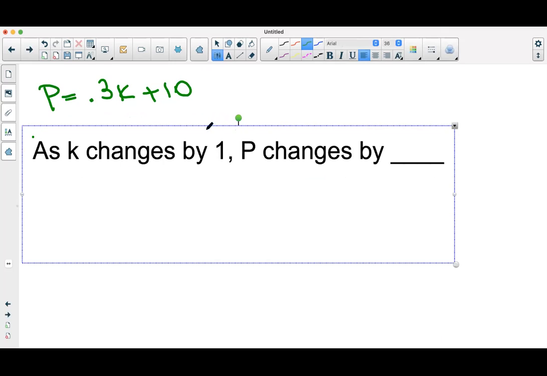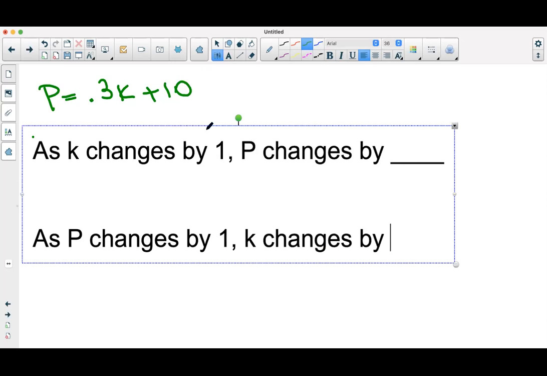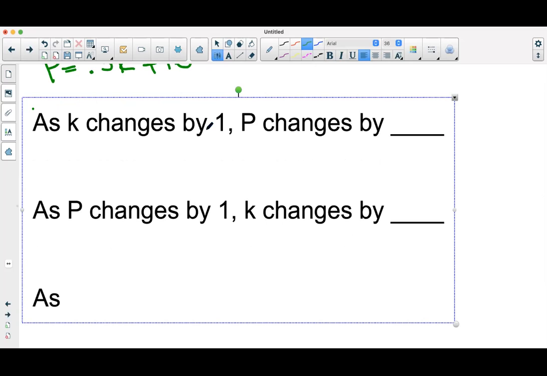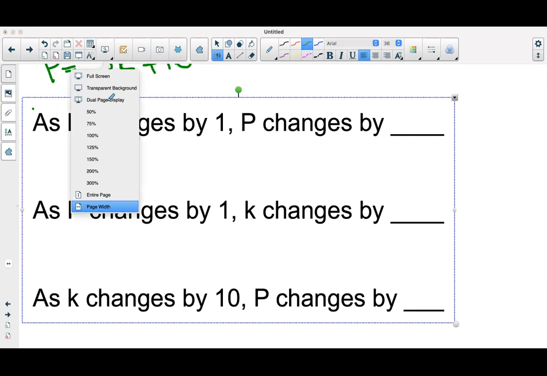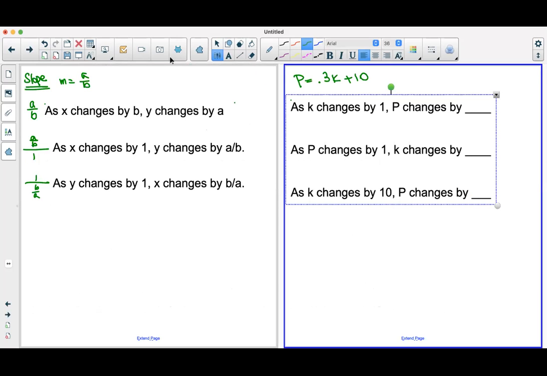Second, as P changes by 1, K changes by blank. All right. Third, as K changes by 10, P changes by blank. So I need you guys to tell me about these three things right now.